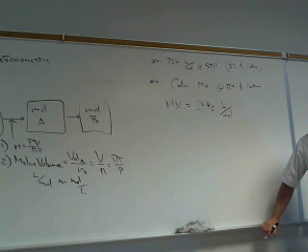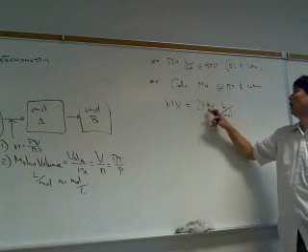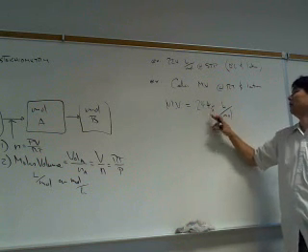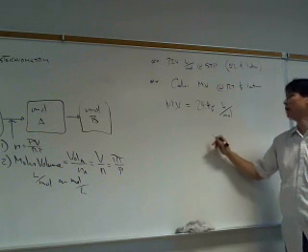And what did you get for your volume? 24.47. Well, you got this? Yeah. All right. 24.47 is what you got with 298.15. Okay.